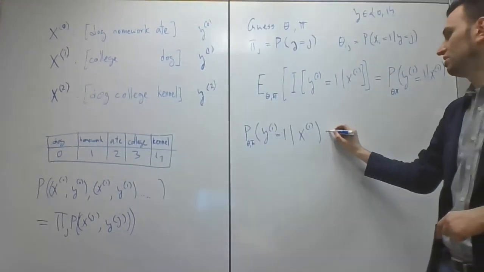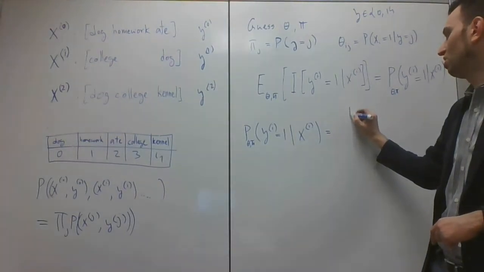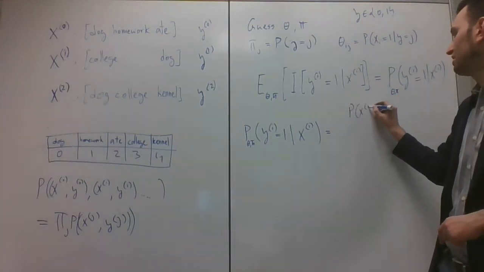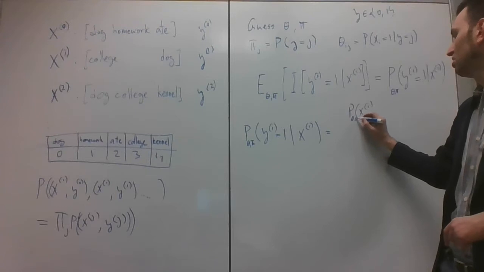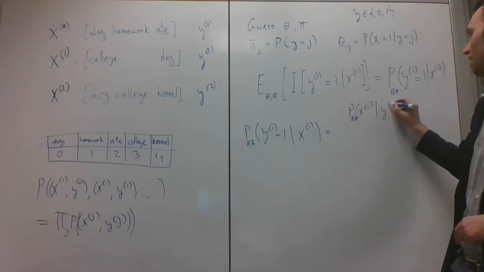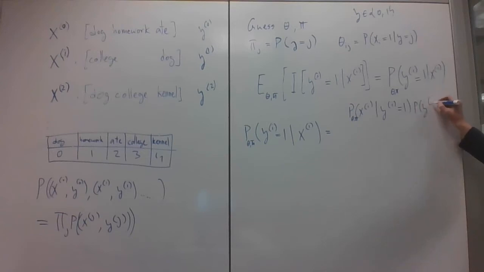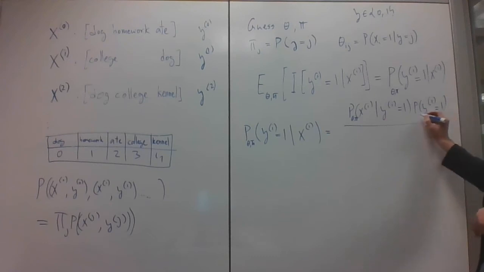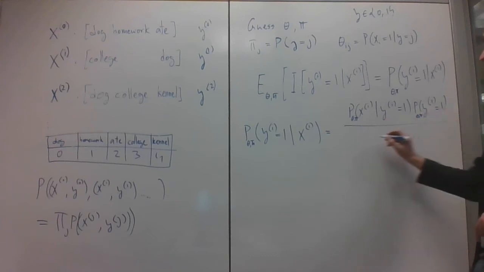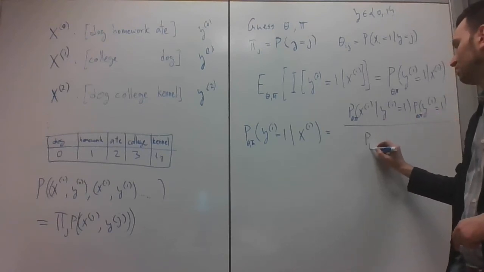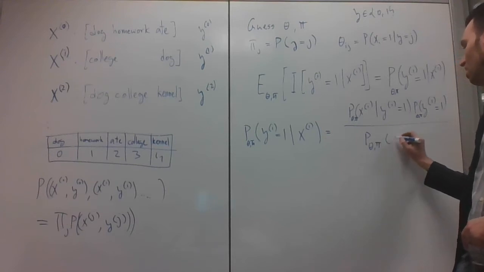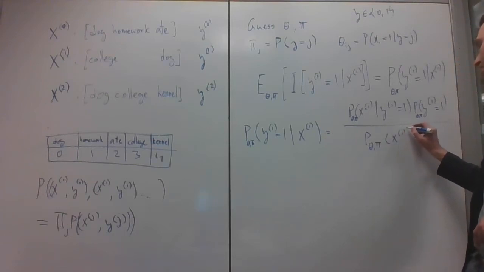This is going to be the probability of xi given yi equals 1 times the probability of yi being equal to 1, divided by the probability of xi.